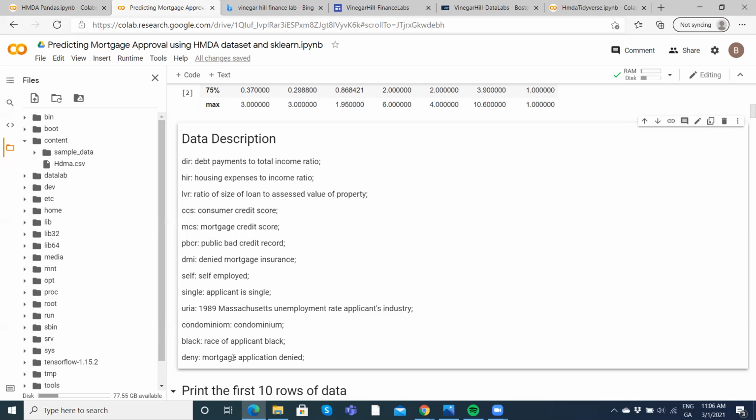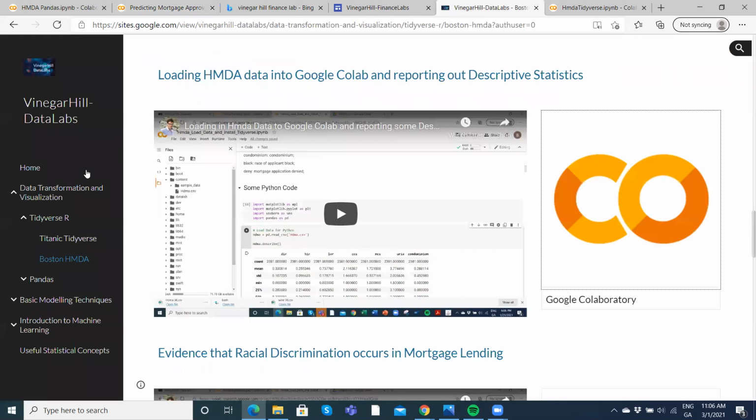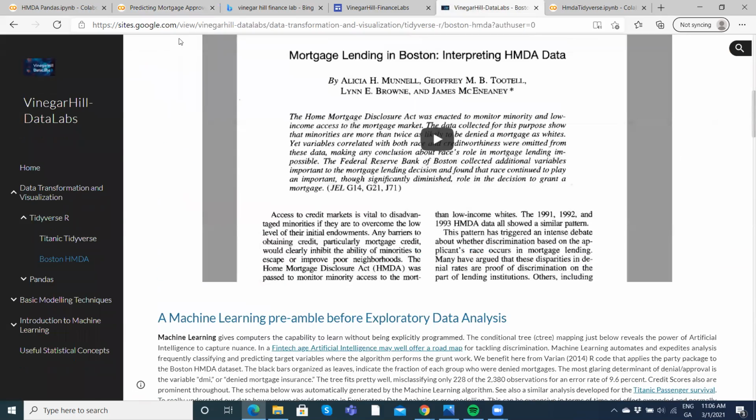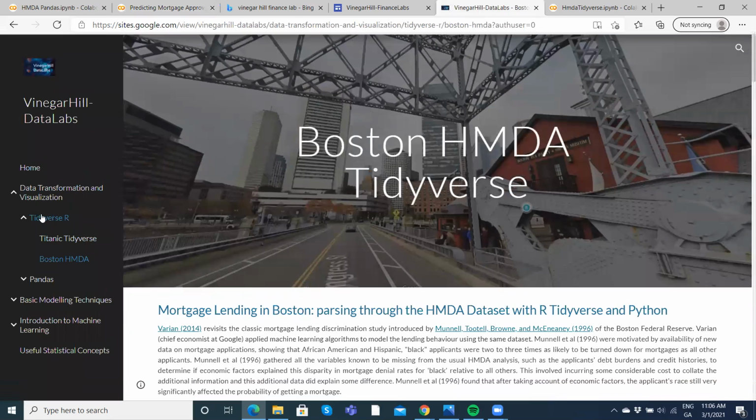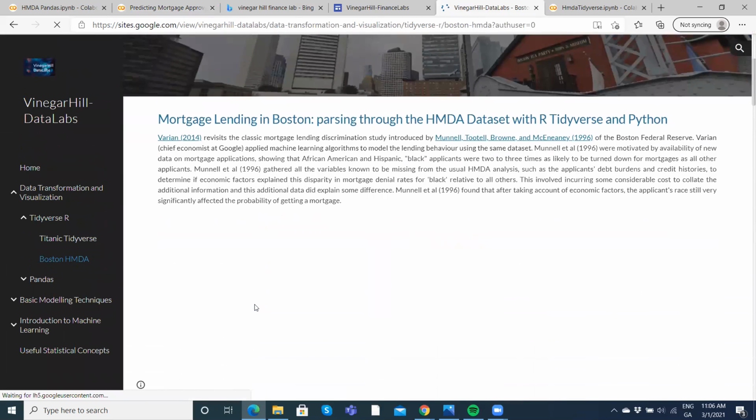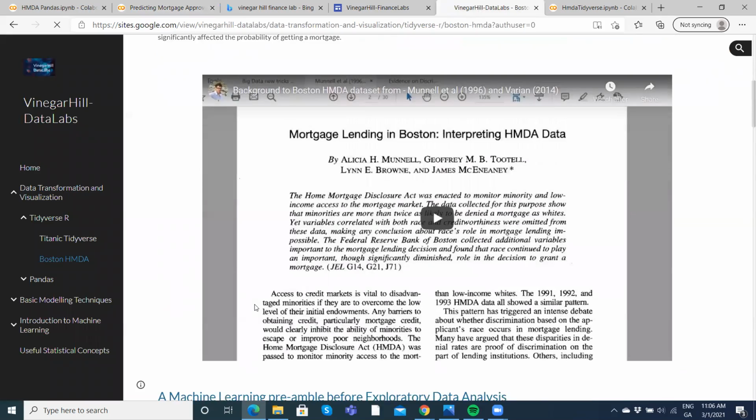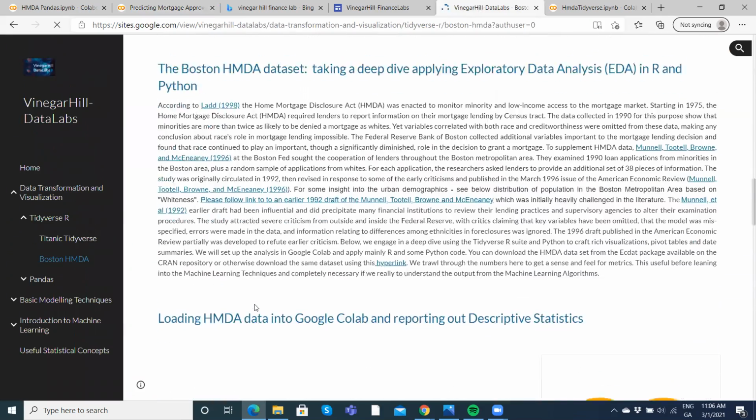Now it's worth noting, I've done some analysis of this, and that's available in Vinegar Hill data labs, and the basic tidyverse, where I've done some of the preliminary analysis just looking at the descriptive statistics here.